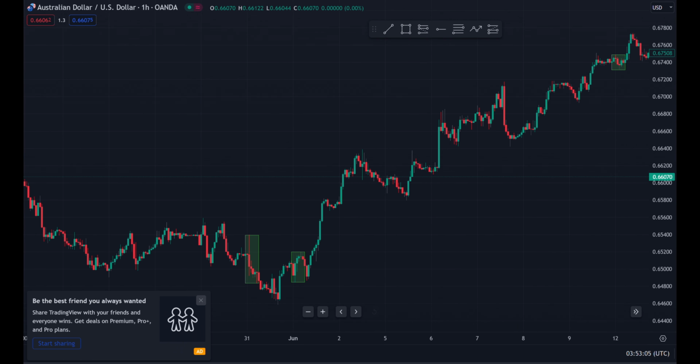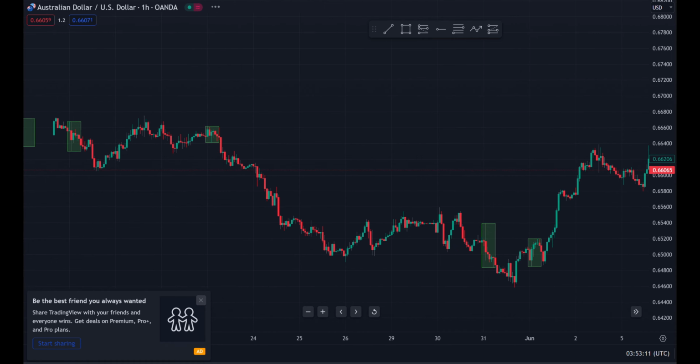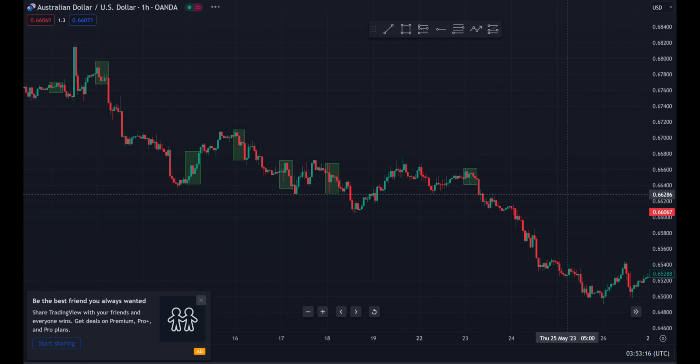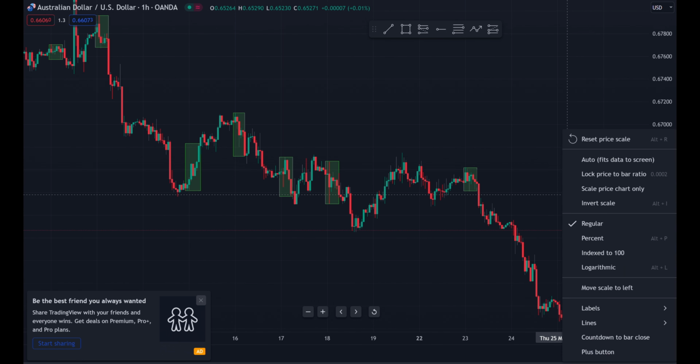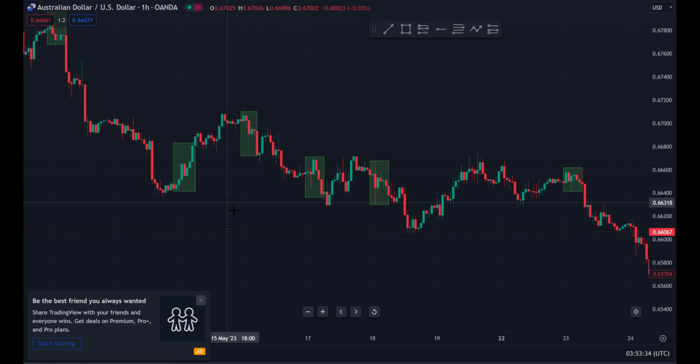This one is showing rally base rally setups. Even this one, I think most of them are in uptrends. We just move on to another, but I wanted just to show you one more drop base drop setup so you can understand this and you never forget. Okay, let me just look for this one. It's not a good one, but let me go for it.